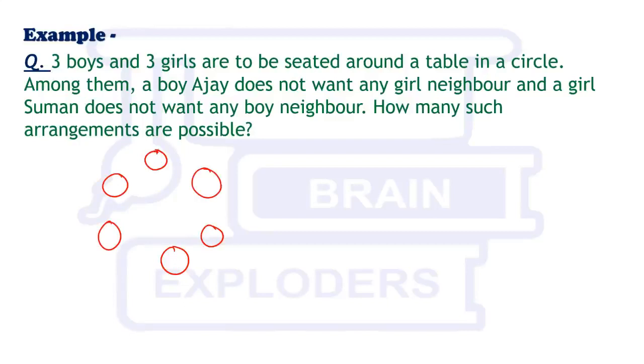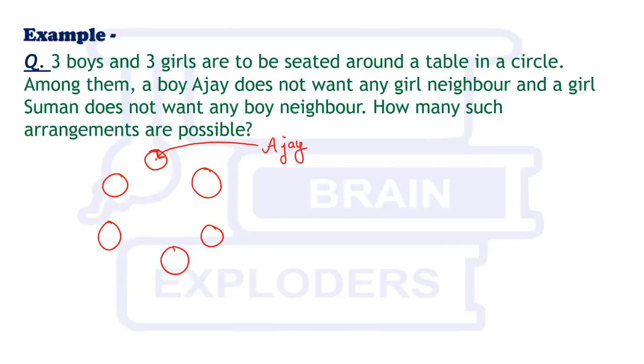So in this case, we can fix one of our objects or one of the given persons in the question. First we apply the restriction and then we make the remaining choices. So in the first place, let Ajay be seated on this place.